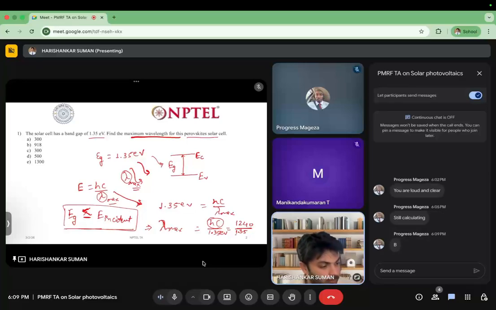So solve this. This will be given in nanometer, so the unit will be nanometer.